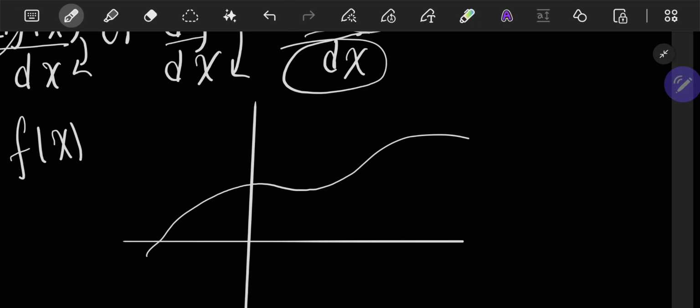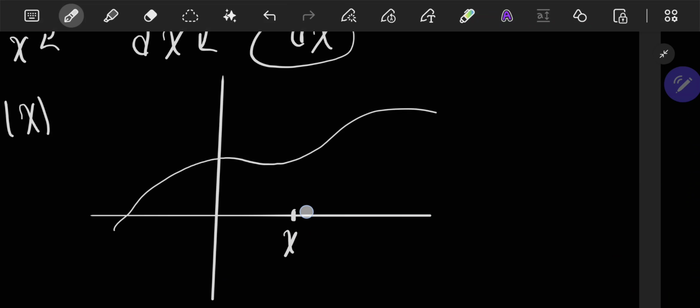So if we have a point over here that corresponds to x, and we have a point beside it, which corresponds to h, although I say that this is beside it, we have to think of this as very, very close. So they're essentially almost the same point.